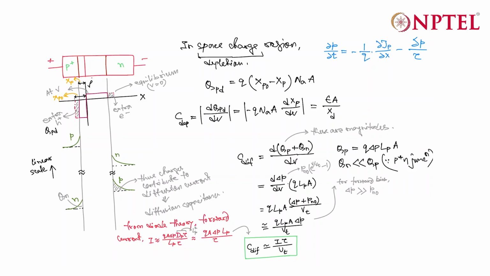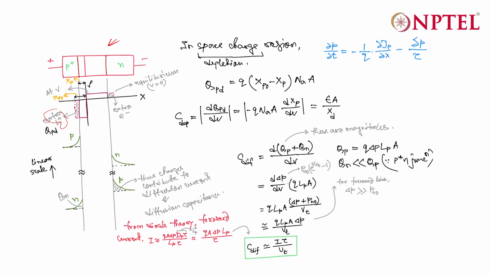Now let us take the space charge region into consideration first. We have two regions, one is the space charge region, another one is the quasi-neutral region. Let us start with the space charge region. In the space charge region, we know that there are extra holes and extra electrons that have come into the picture, and that's why the width has shrunk.